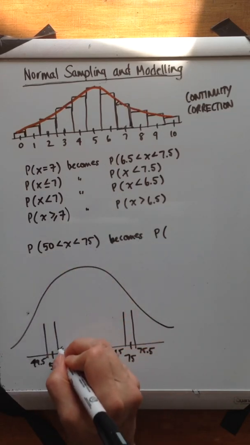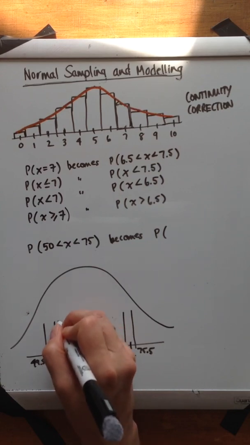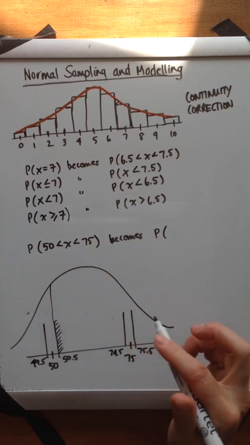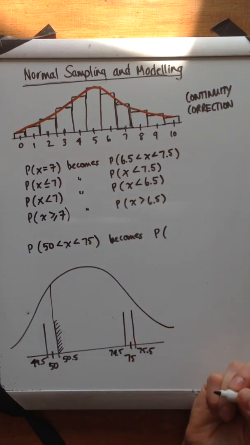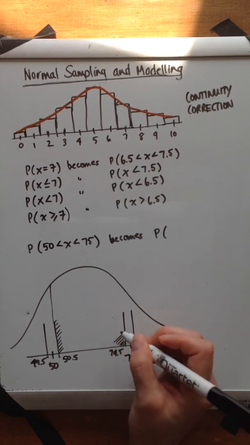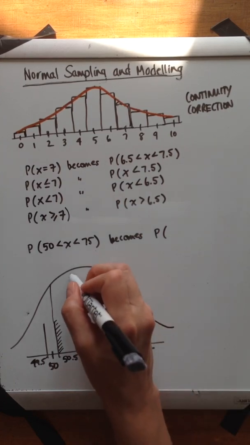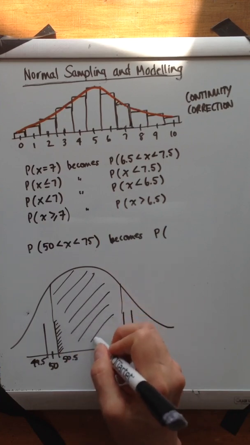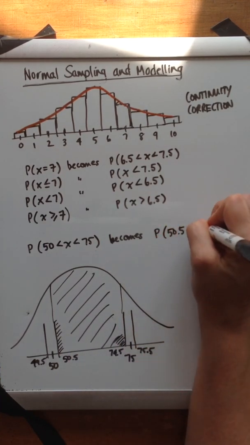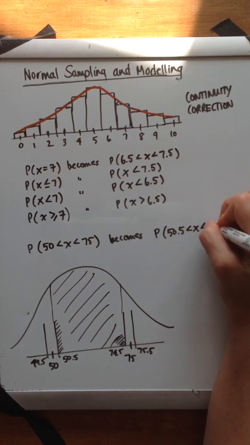So it's going to start here for finding the area under the curve. And if I want it to be less than 75, does it have to include the number 75? No, it doesn't. Okay, x has to be less than, so it would be here. So the area under the curve that I'm finding would actually range from 50.5 to 74.5.